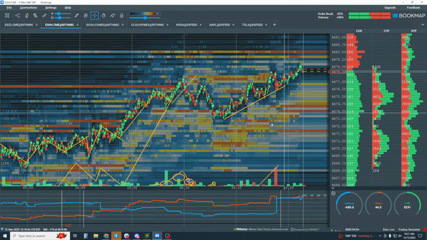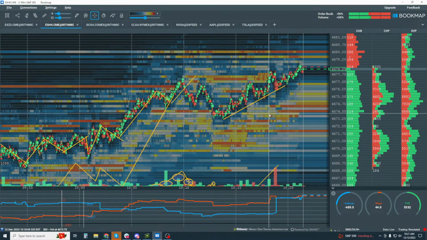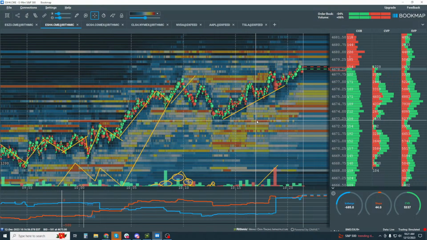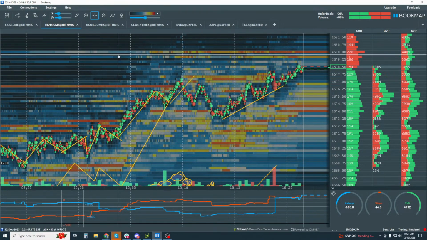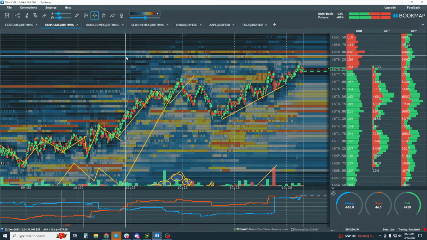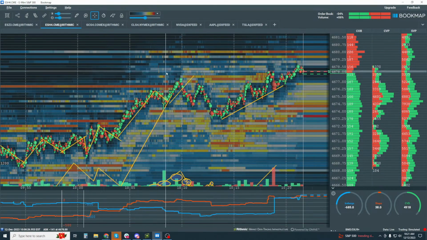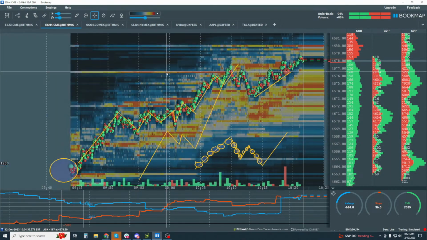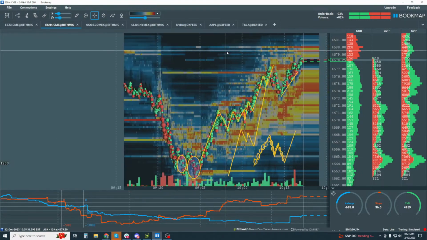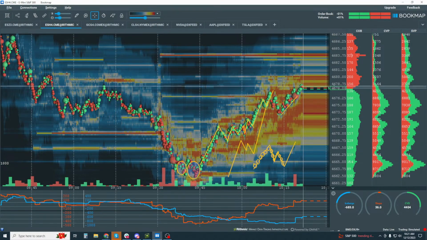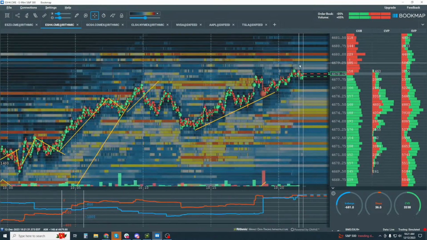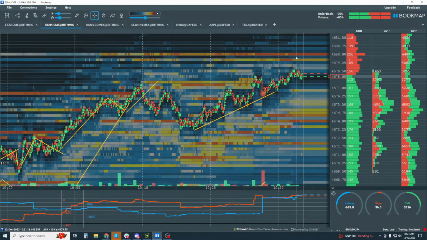Okay, so where are good areas to manage that risk? Maybe this 80 up in here is a good area to manage some of that risk. That's what I would be looking at. It's a swing up here. There's liquidity up here, and I'm just looking for buyers to come back up and retest these areas.